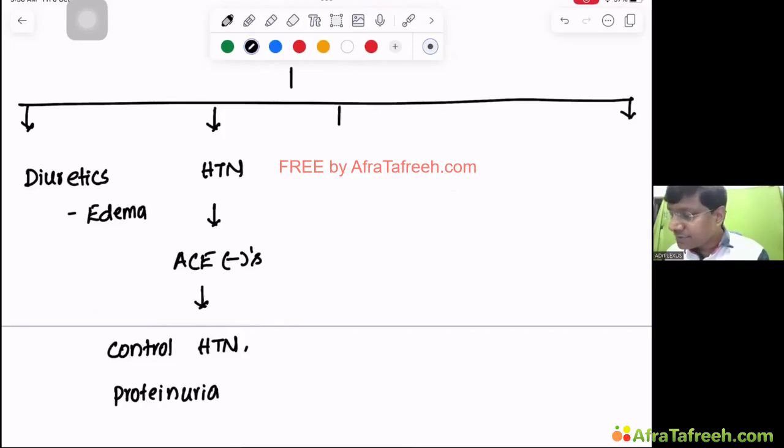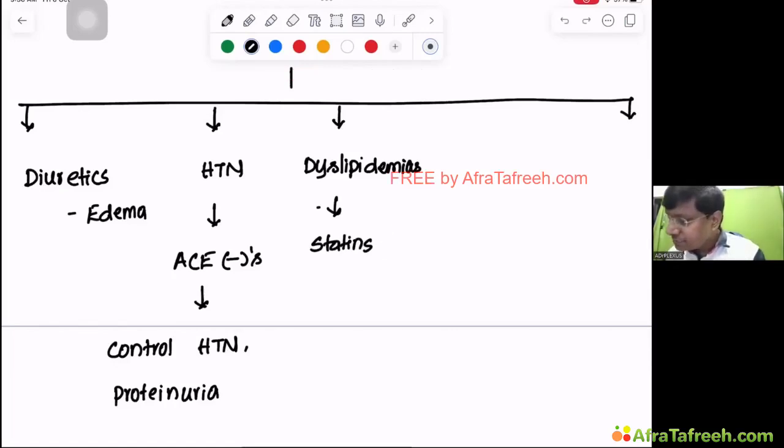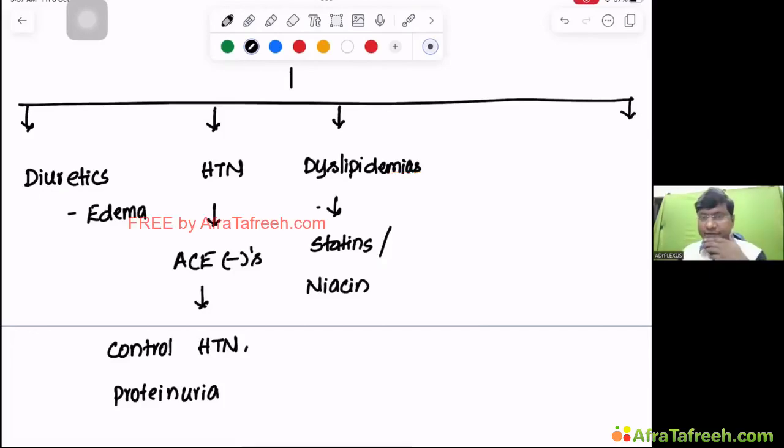The other group of drugs you should give in these individuals is because these patients have dyslipidemias. What drugs will you give? Either statins or niacin should be given for controlling the hyperlipidemia or dyslipidemia.